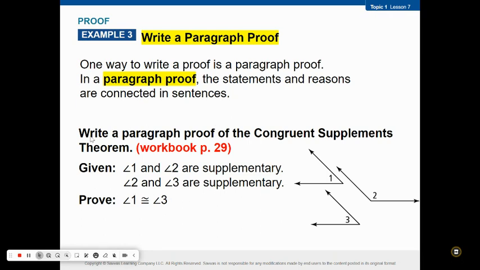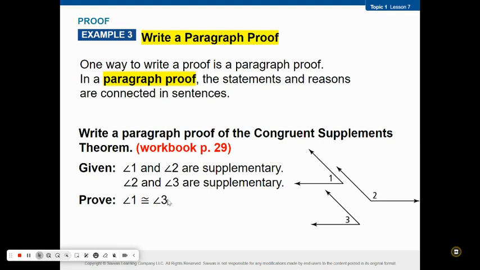So if you take a look at this, it says write a paragraph proof of the congruent supplements theorem. Angle 1 and angle 2 are supplementary. Angle 2 and angle 3 are supplementary. So we need to prove that angle 1 is congruent to angle 3. We learned about this one yesterday, right? What you would do is say, given that angle 1 and angle 2 are supplementary, and angle 2 and angle 3 are supplementary, then angle 1 is congruent to angle 3 by the congruent supplements theorem.